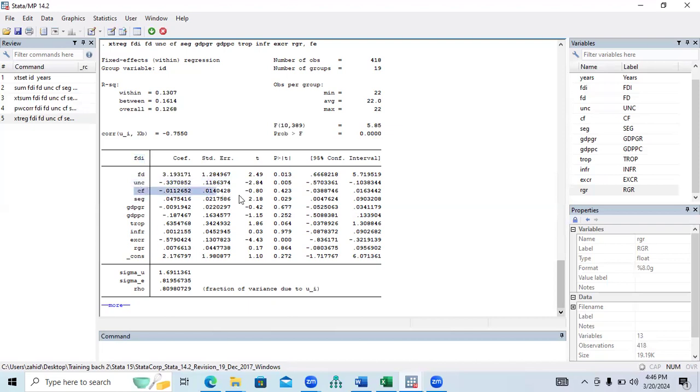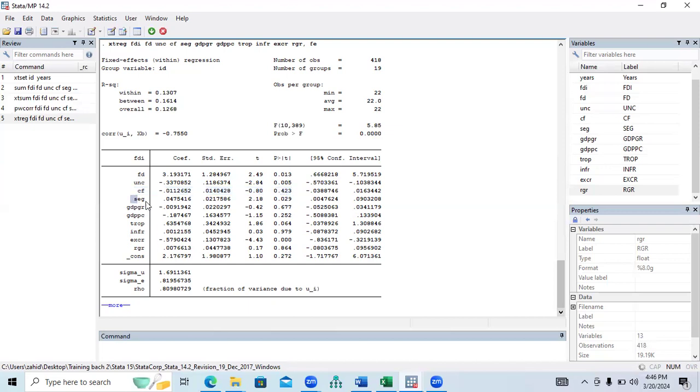If you see here, the capital formation is not significant because this value is less than 1.96 and the p-value is greater than 5%. It is approximately 42% here. So we can say that capital formation is negatively impacting the FDI, but this impact is not significant at any level.